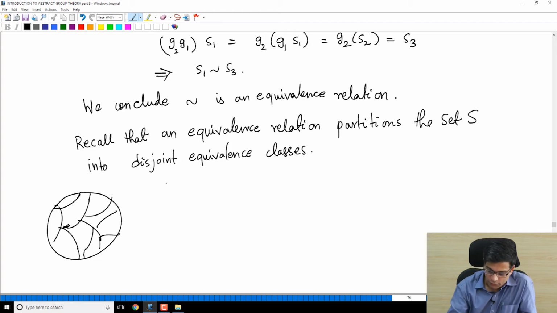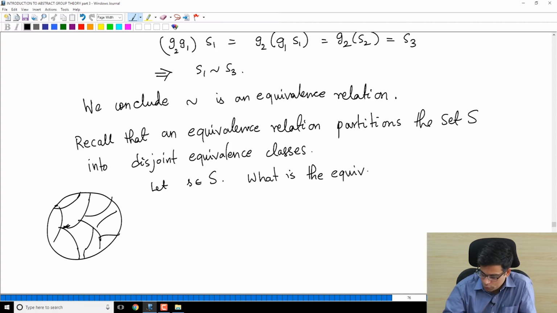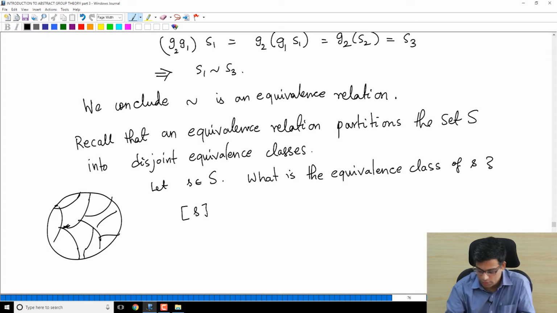Okay, so now in this example of an equivalence relation, now that we have a group action on a set, let us take a small s in capital S. What is the equivalence class? Let's compute the equivalence class of s. In the earlier situation we have denoted equivalence classes by this symbol.